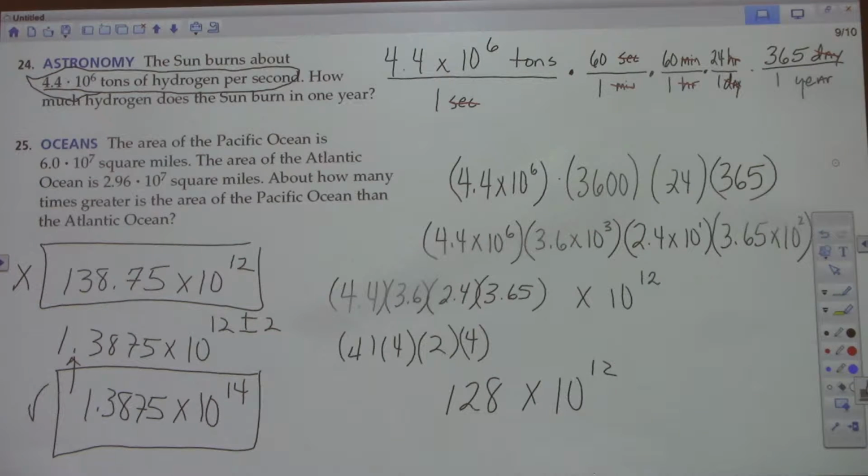Where do you get 2 from? 12 plus 2. This is not in scientific notation, so you've got to put it in scientific notation. And that's how you do that problem. So your answer is 1.3875 times 10 to the 14th power.